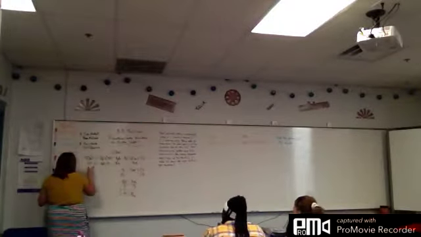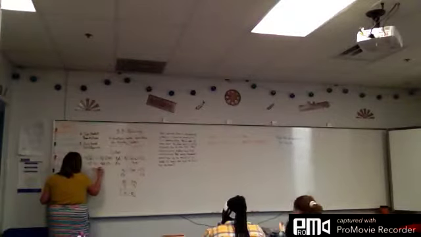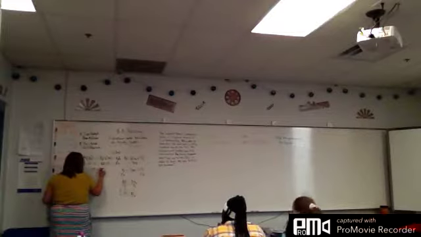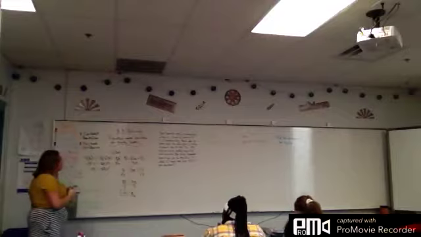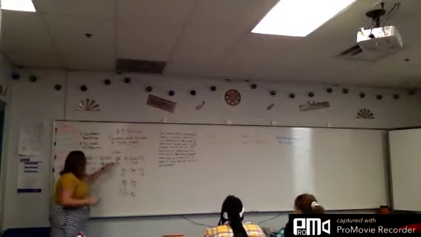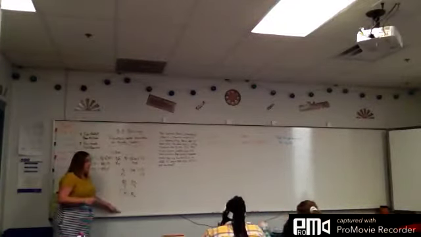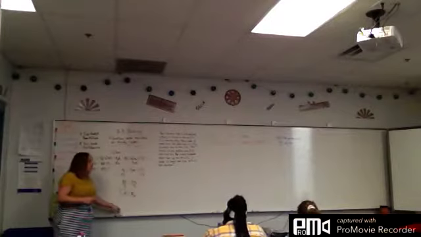What's -42 and -5 together? -47. And what is -60 plus 13? -47. Boom, that's how you check. So you plug that -6 anywhere there's an n, and then you do order of operations.